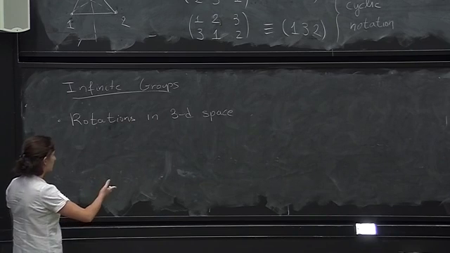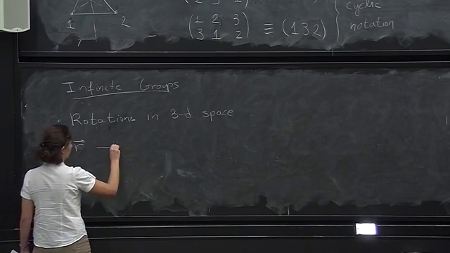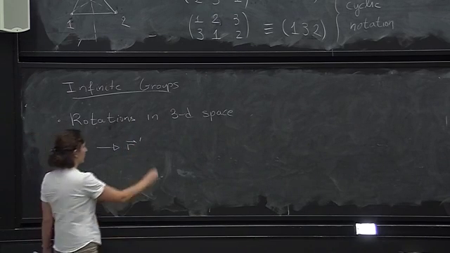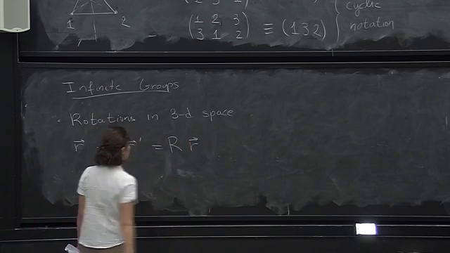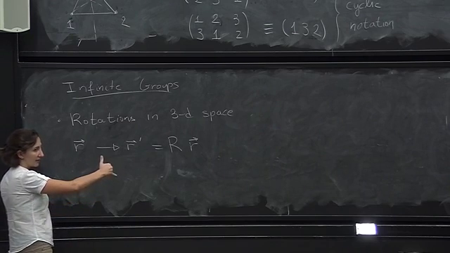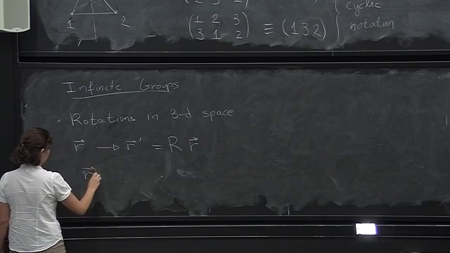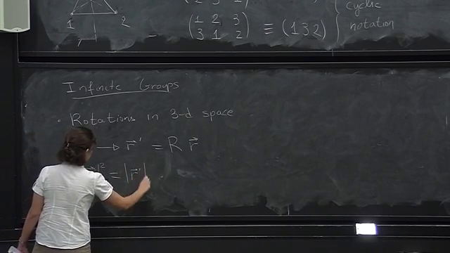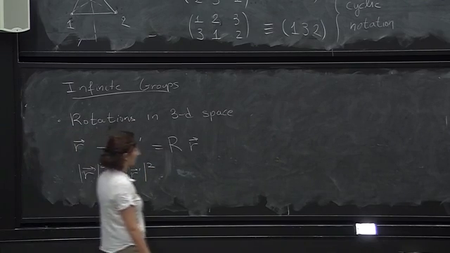It is an operation on a 3-vector, r goes to r prime, let's call this R acting on r. That does not change the length of the vector. r squared has to be equal to r prime squared. This is the definition of a rotation.